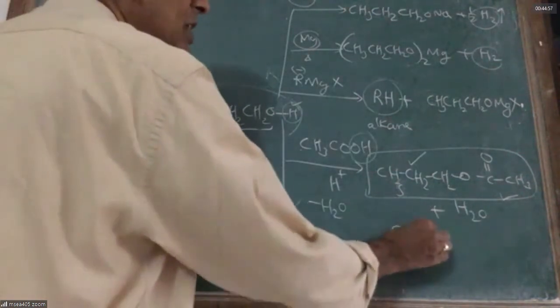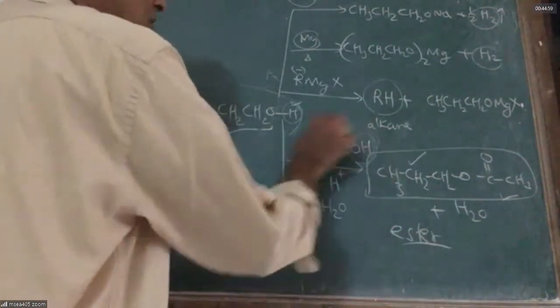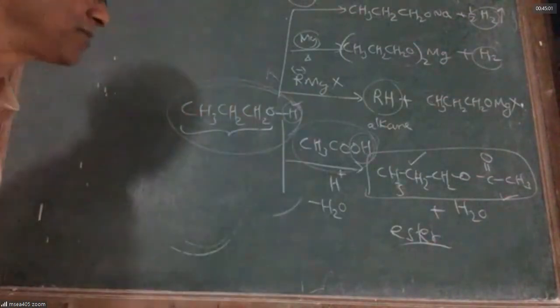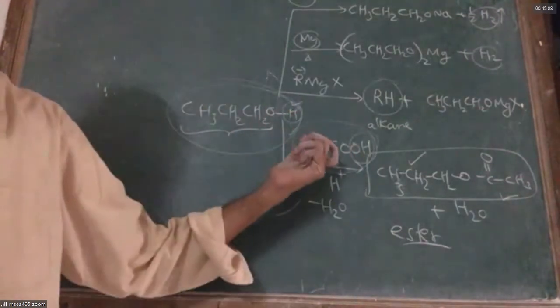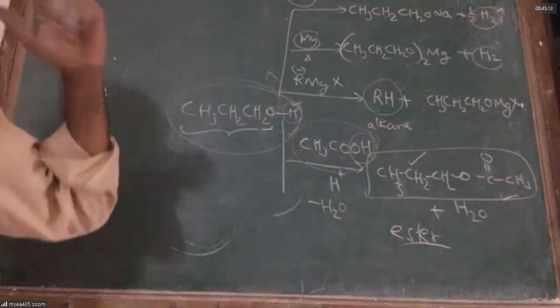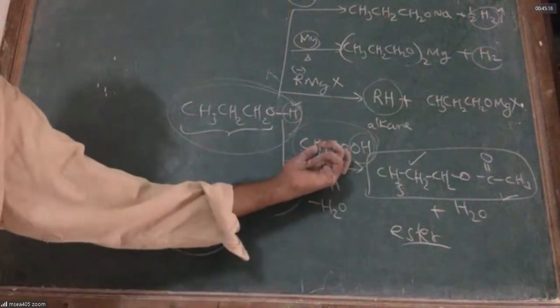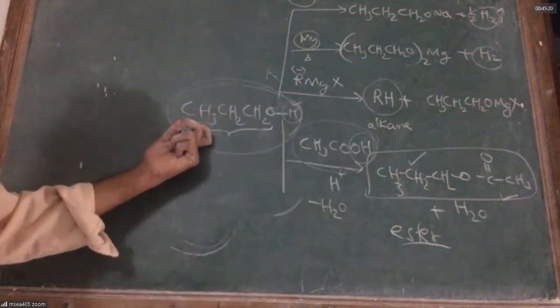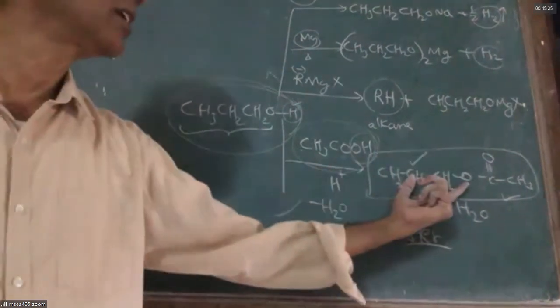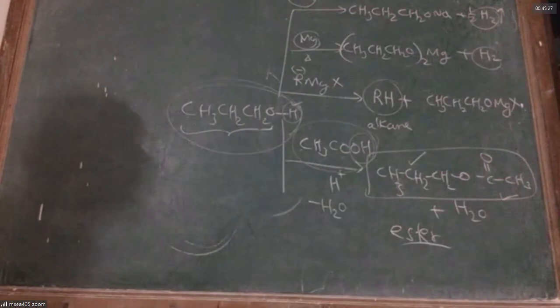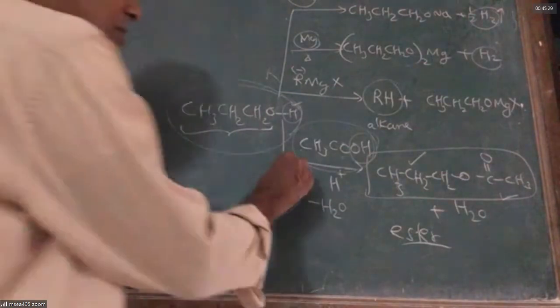So esters are produced when a carboxylic acid reacts with alcohol. The twist in this reaction is that the carboxylic acid is not giving H plus. The carboxylic acid is not behaving like acid. The alcohol is behaving like acid. That is the strangeness. The reaction of carboxylic acid with alcohol in presence of sulfuric acid or NaOH to give ester is called esterification. It is a reversible reaction.